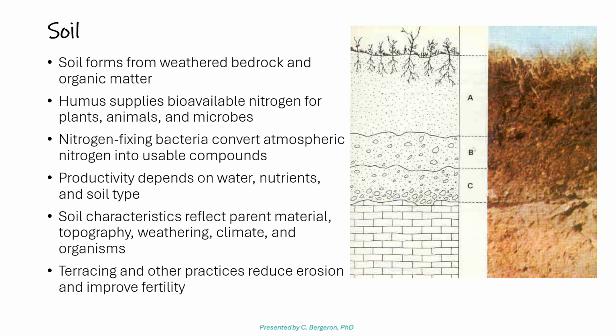Soil is very important for organic components necessary for plants, animals, and microorganisms to live. The organic component is very important. And the organic portion of soil is called humus. It's a rich source of bioavailable nitrogen.